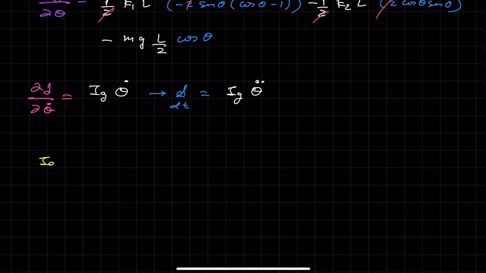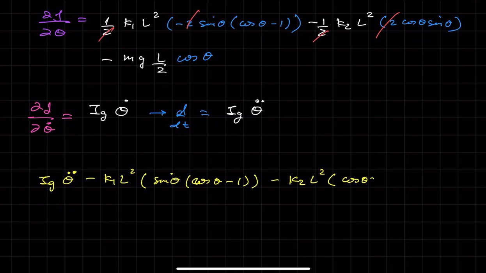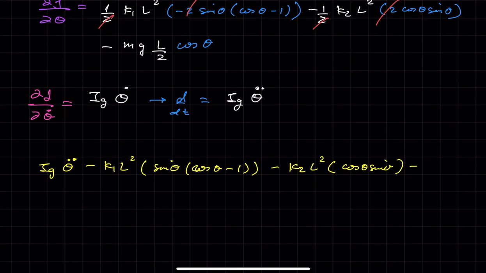So finally I get the Lagrangian mechanics equation. It's going to be the inertia times theta double dot minus k1 L square sine of theta plus cosine of theta minus 1, minus k2 L square cosine of theta sine of theta, plus, I almost confused plus, let me see, plus mg L and a half cosine of theta equals 0.